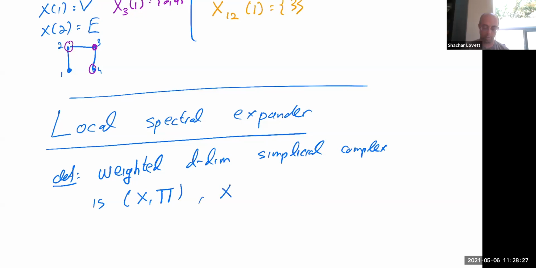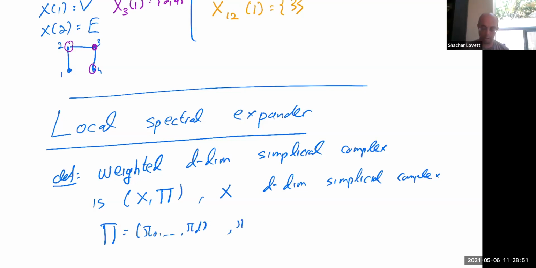X is just what we thought so far: a d-dimensional simplicial complex. And pi is going to be a sequence of distributions, pi_0 up to pi_d, where pi_i is a distribution on the i-th level.